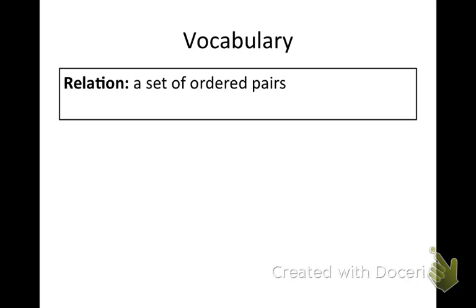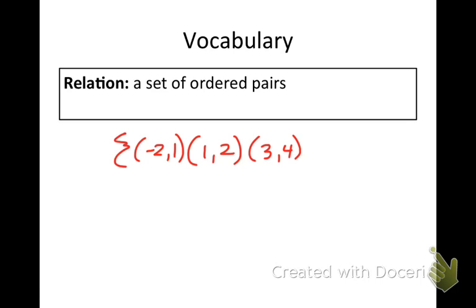And a relation is a set of ordered pairs. So any set of ordered pairs I can come up with is going to be a relation. This could be an example of a relation: (-2, 1), (1, 2), (3, 4), (5, 6), and so forth.